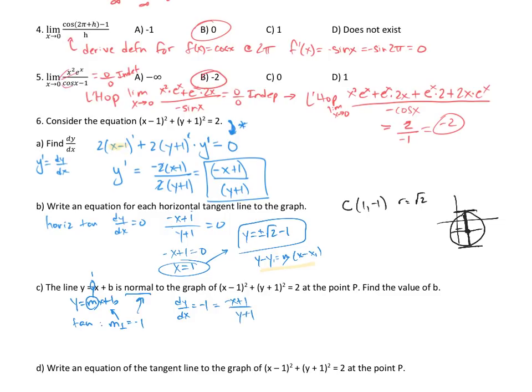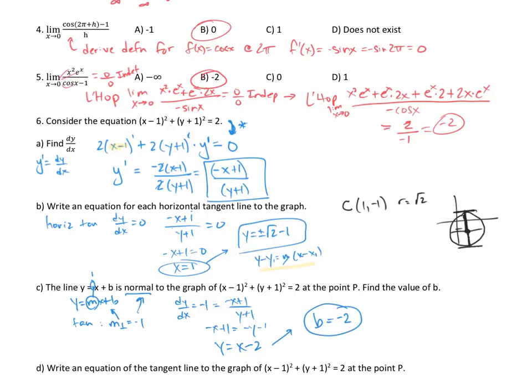So we can cross multiply here, and we can get negative x plus 1 equals negative y minus 1, and y would equal x minus 2. So that means our b value is -2.